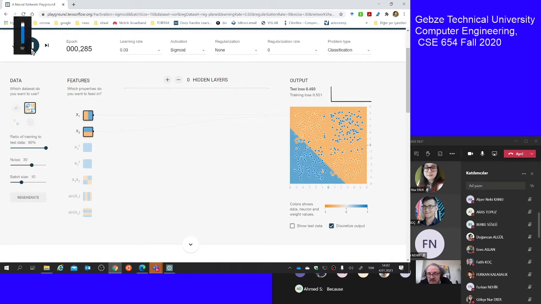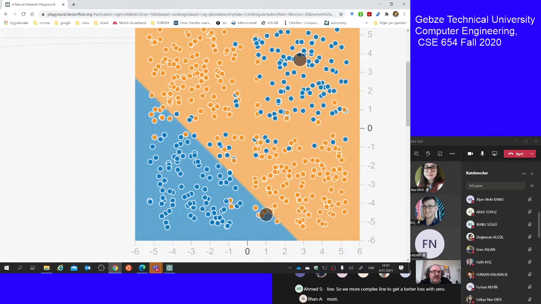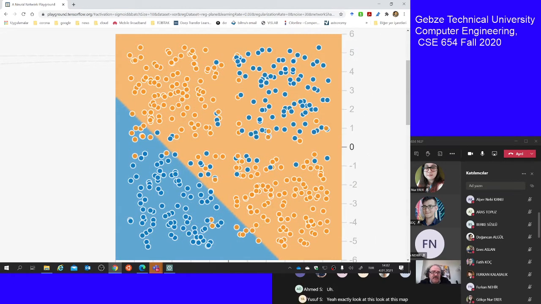Because this space can be divided into two with only a linear line. So, a more complex line to get a better loss than 0.5? Yeah, exactly. Look at this map. Whatever line you draw, one side of the line will be half blue, half yellow or orange dots.